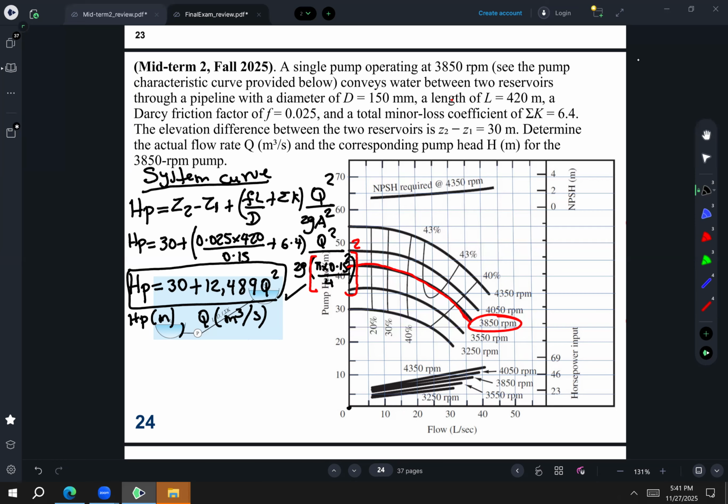For example, when Q is equal to 0, the system curve will give me 30. Then I can continue to plot to find the intersection. Let's do that. So I'm going to plot the system curve, and let's make a table here.